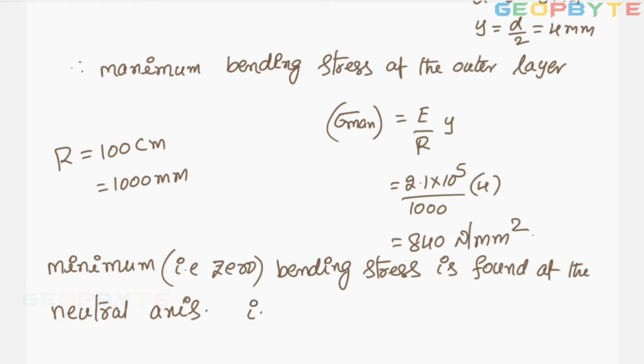That is, sigma minimum equals 0 at the centroidal axis or neutral axis. I hope all of you understood. Let us go for one more problem.